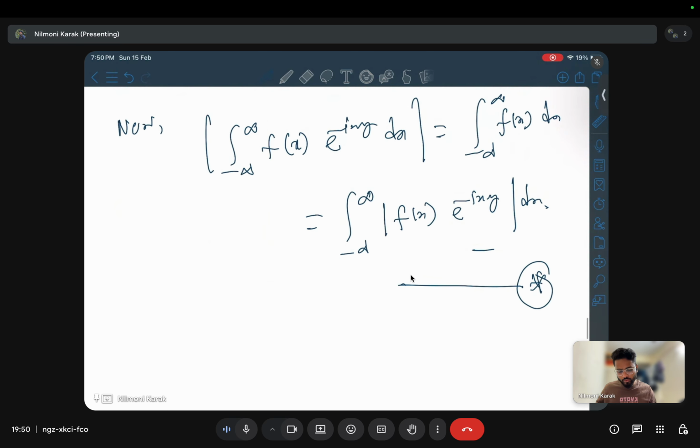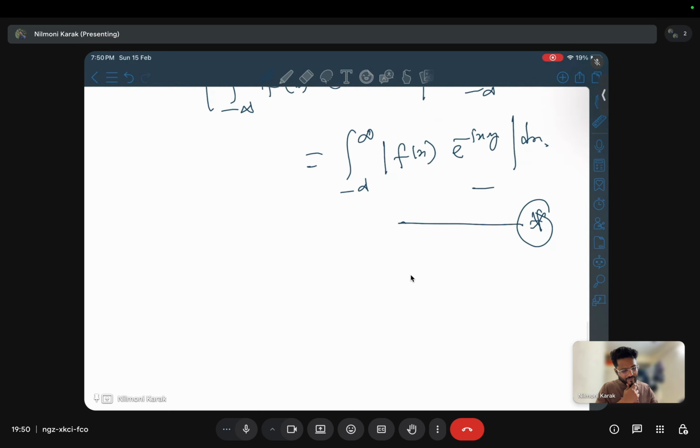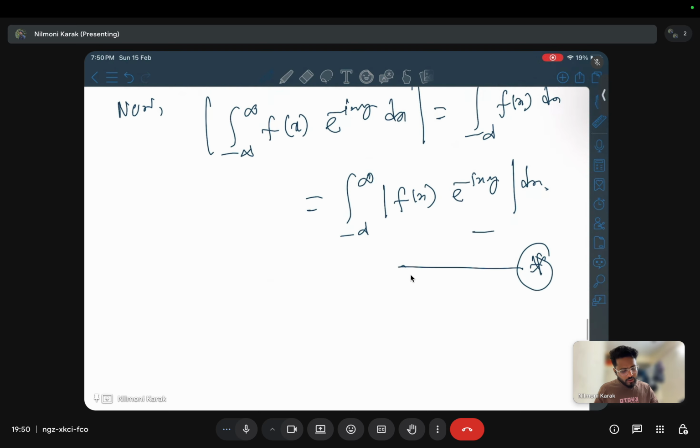So there is a theorem, from real analysis also. The theorem is that the modulus of this integral equals the integral of the modulus of the integrand function.